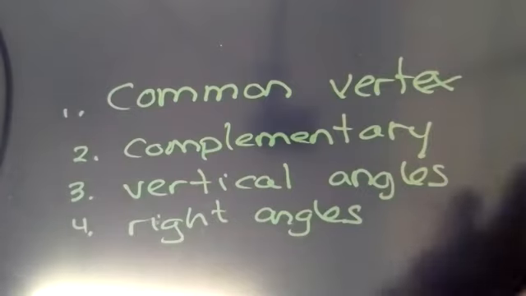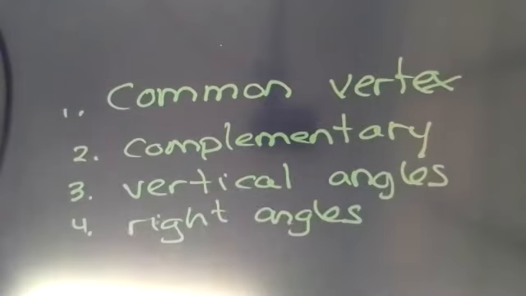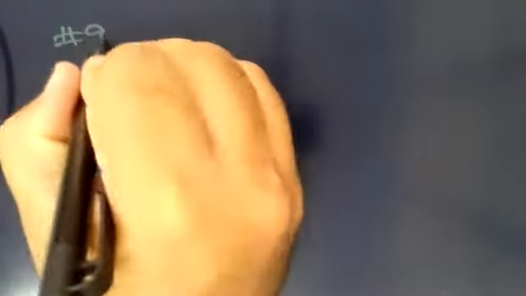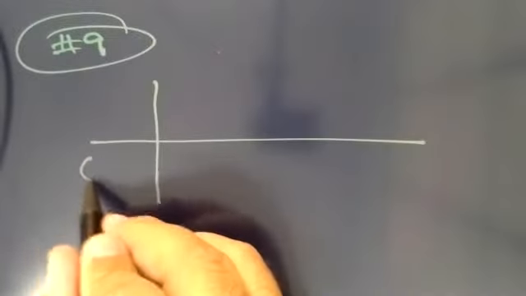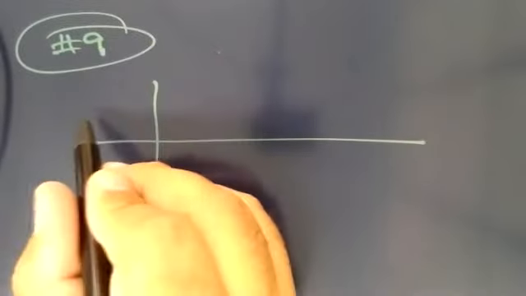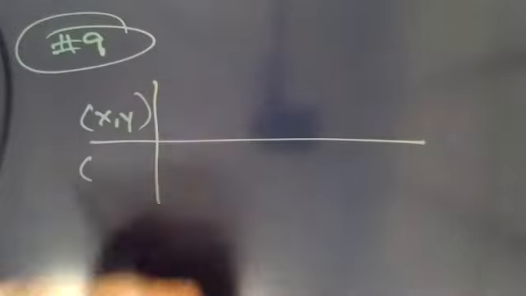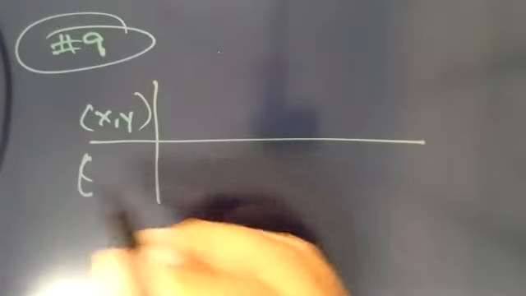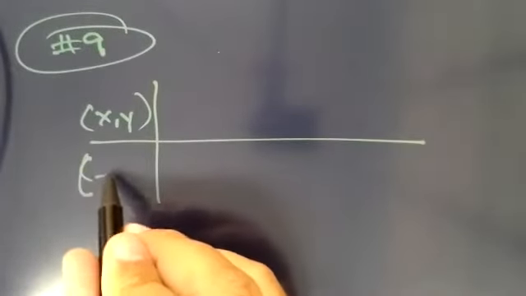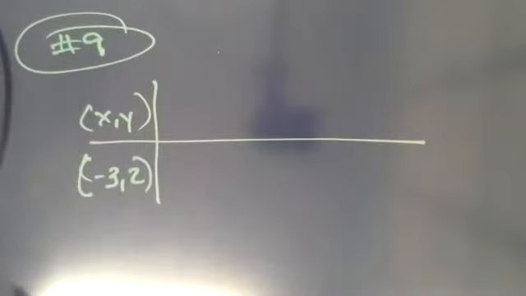All right. Now, for the next question, for number 9, it talks about multiple types of transformation. So remember I told you I like to do the chart with the transformation. This is where my coordinates start, which is x comma y. And let's say my coordinate is here, -3 and 2.